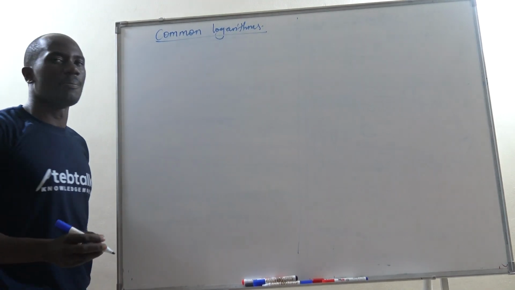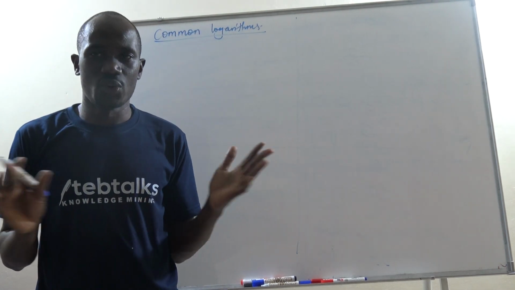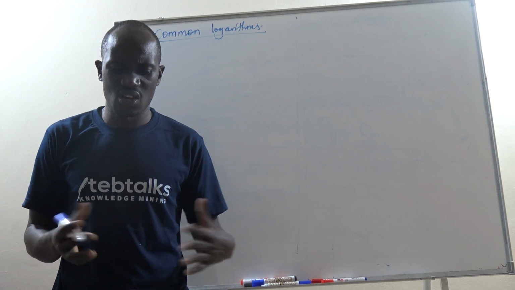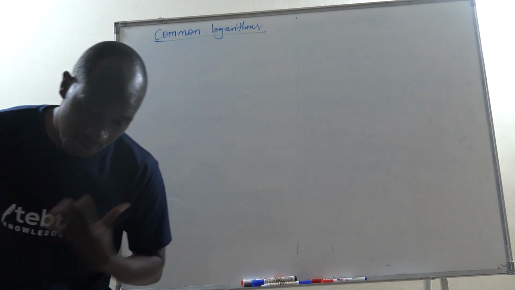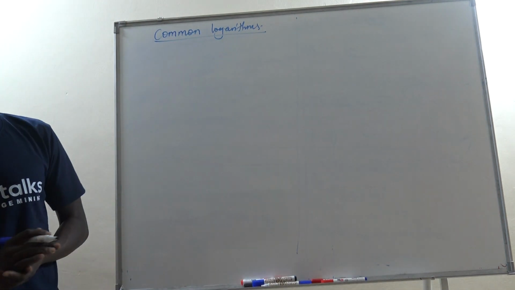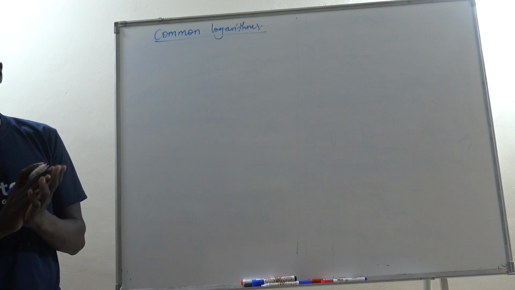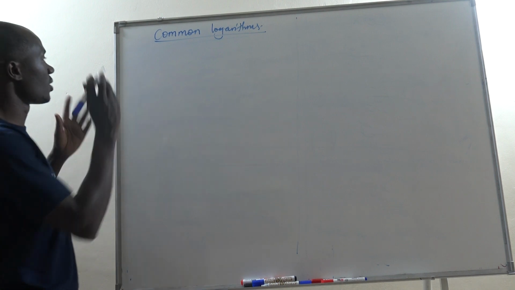So I've got some logarithms or numbers which are common, which we need even with the moment you see it. There is no need for you to first alert us. We shall be aware that you're already talking about this one. So logarithm in which the base is 10 are termed as common logarithms. That's one I wanted you to know.